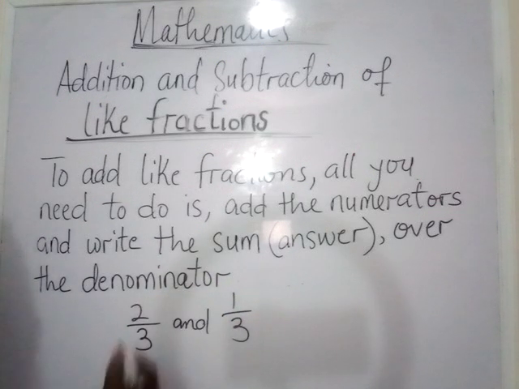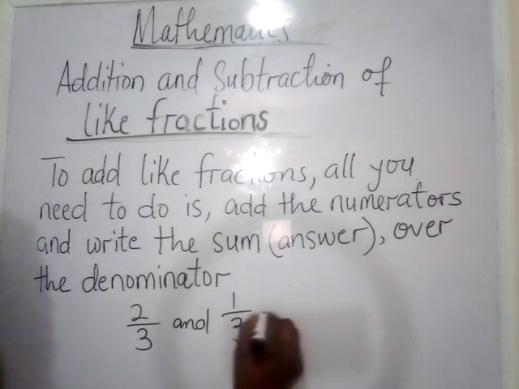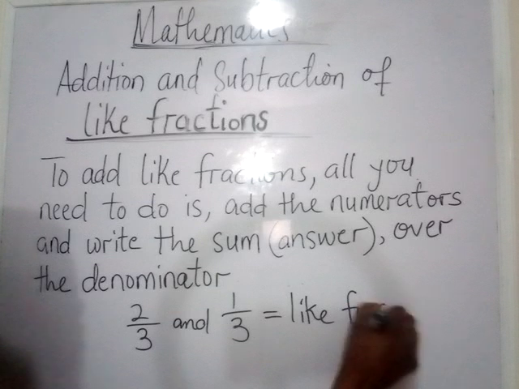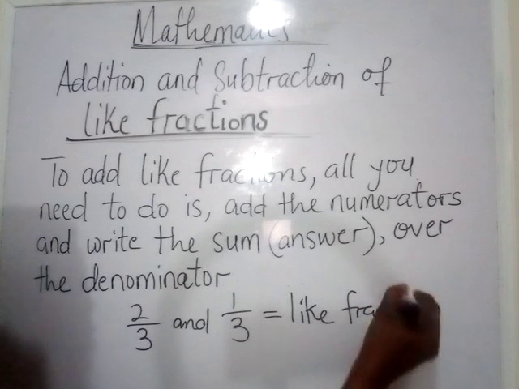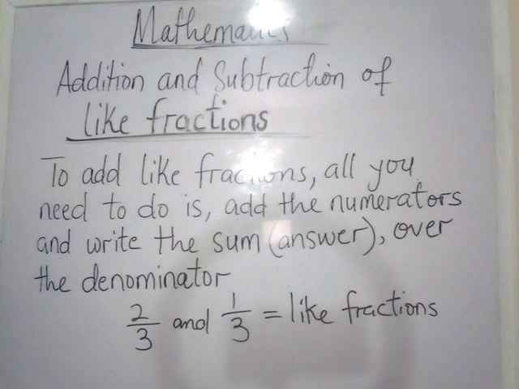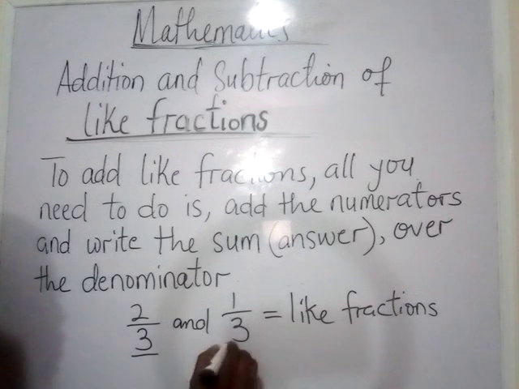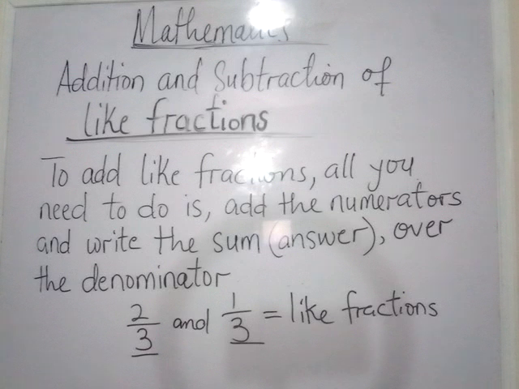So if you see fractions like this, they are called like fractions. Why? Because they have the same denominator. So when you have fractions with the same denominator, you call them like fractions.